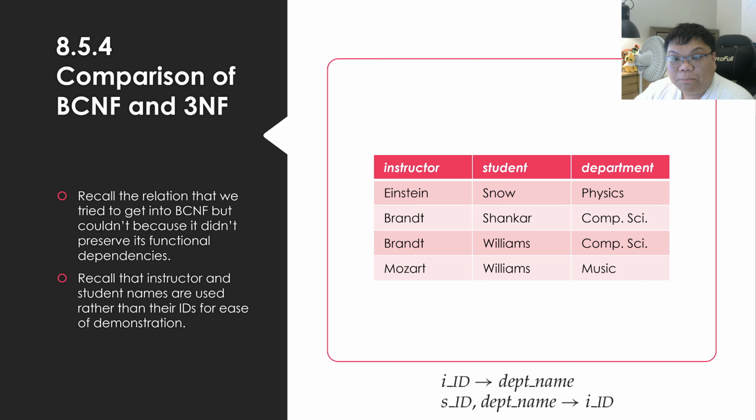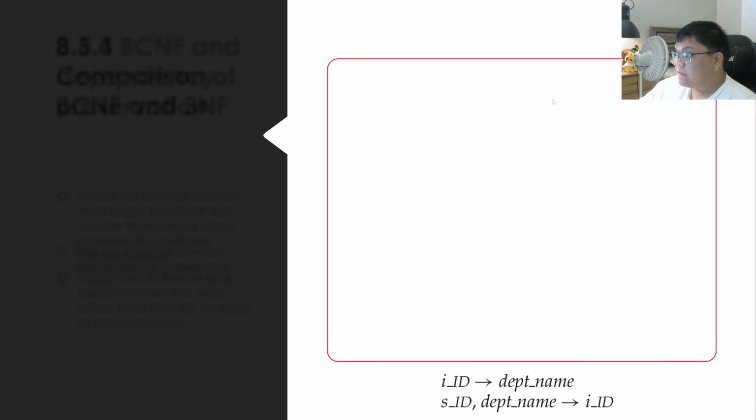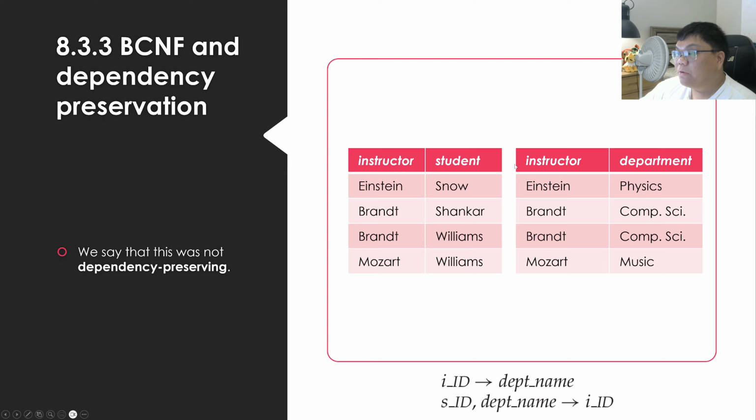We tried to get this into Boyce-Codd normal form and failed. So we had to go for a different normal form, that is third normal form. This is what it looked like when we tried to decompose this table into two schemas. The problem was this was not dependency preserving.